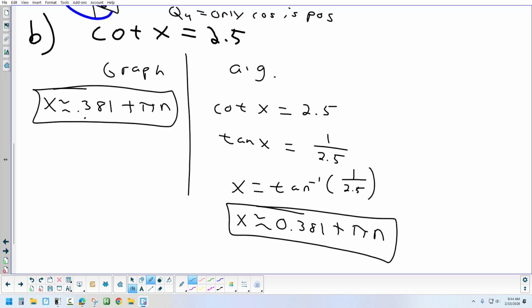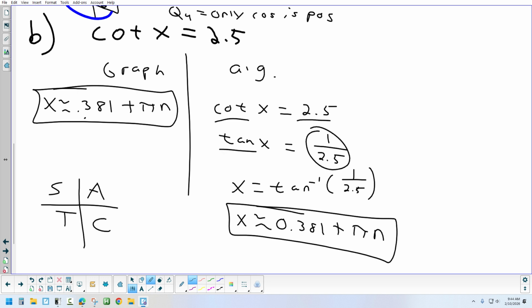Now, usually that diagram I just showed you gives you two answers. Well, let's think about what's happening there. We're looking for where cotangent is positive. That's the same as looking for where tangent is positive. Same thing. What two quadrants is tangent positive in?